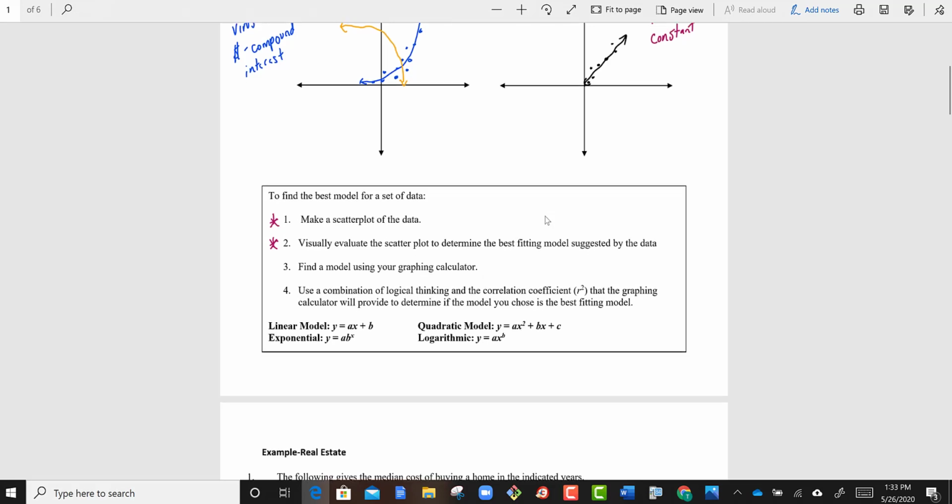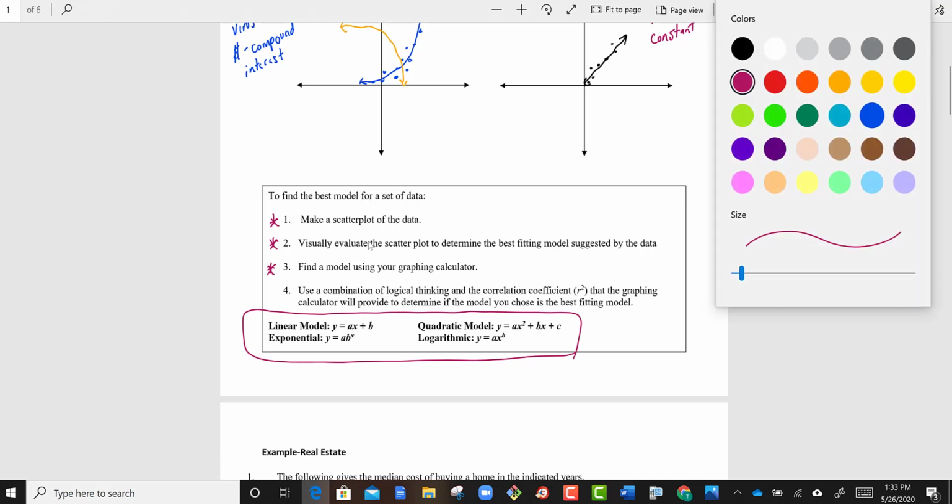Step three is we're going to find a model using our graphing calculator. And again, we're going to focus on these four models right here. This is how they appear in the graphing calculator. They use a lot of A's and B's, which is a little bit different than what you probably first saw when these concepts were introduced to you.